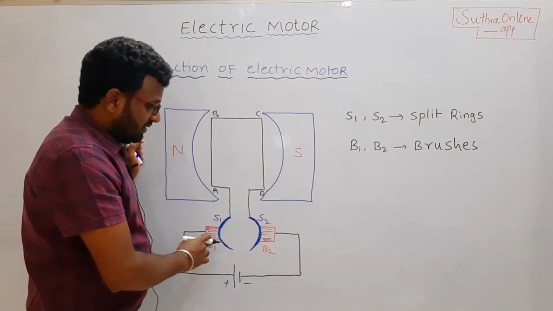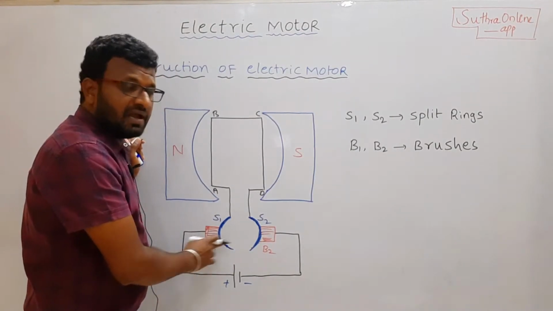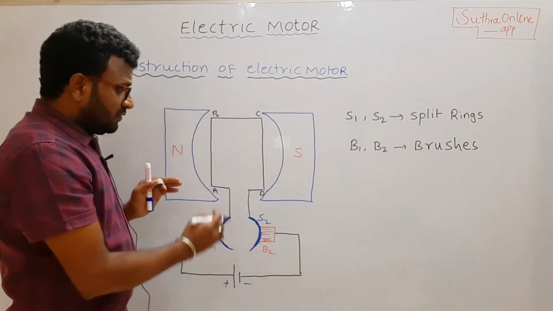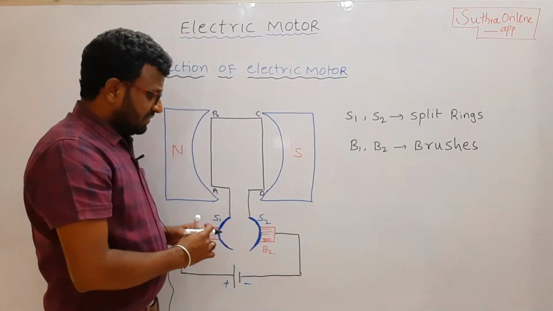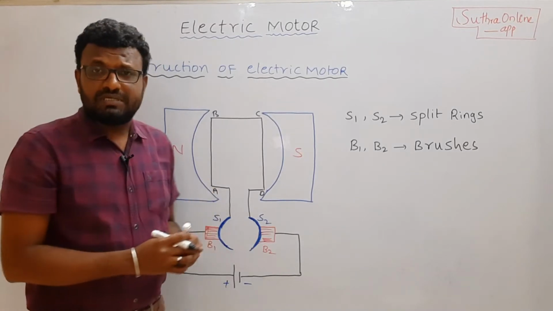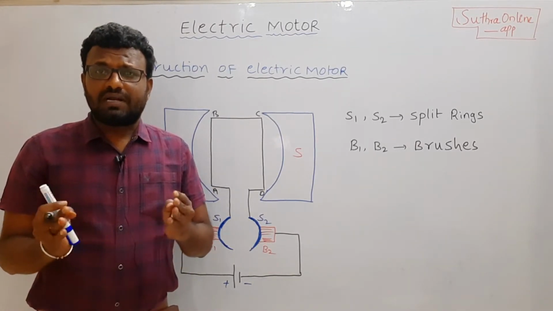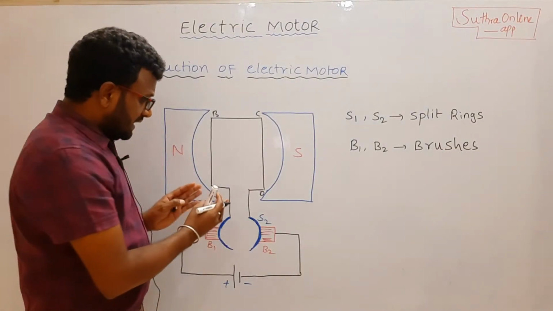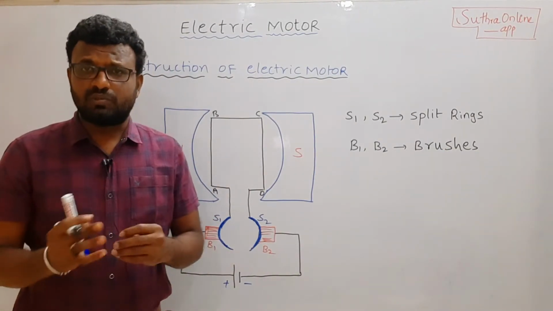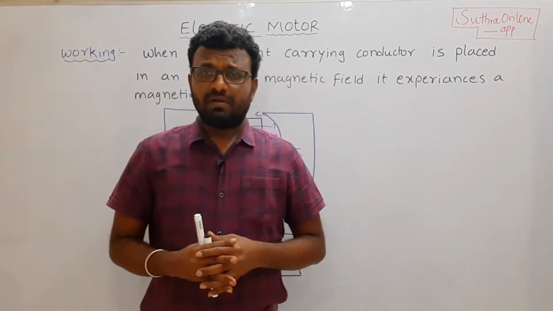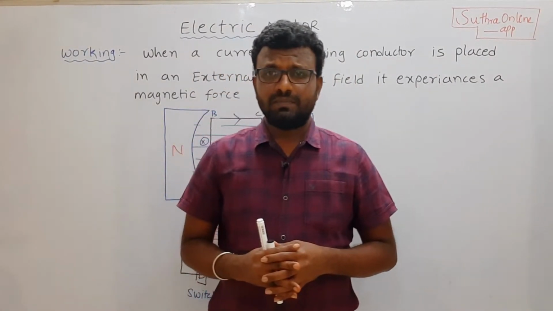Here I have named the brushes B1 and B2. These two brushes are in a fixed position, which means they are at rest. Now the system is connected with a source. Source means battery.